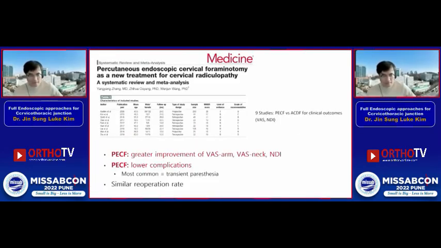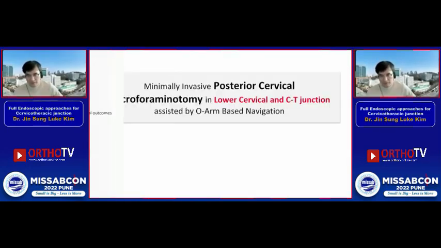And there's the paper of systematic review and meta-analysis about endoscopic posterior foraminotomy. They have embraced discectomy and foraminotomy in the subaxial and all other levels including CT junction. So regarding the evidence, all the articles have limited experience of the endoscopic approach in the CT junction.